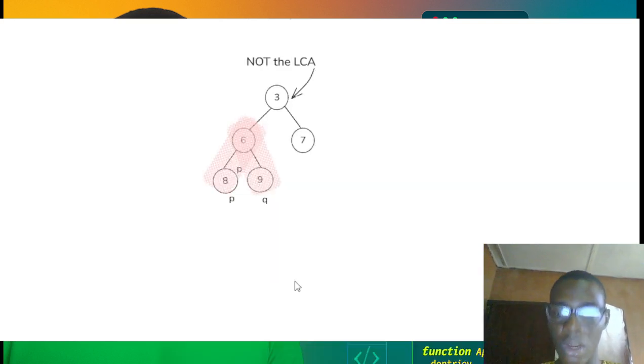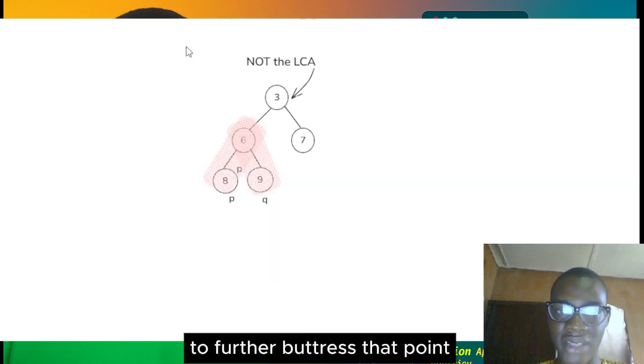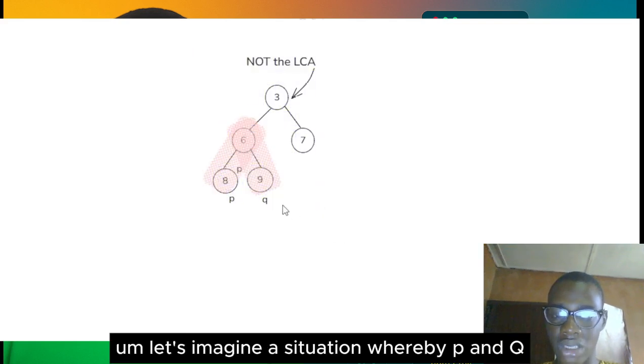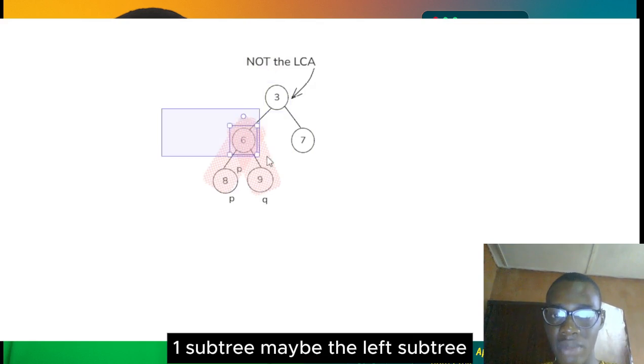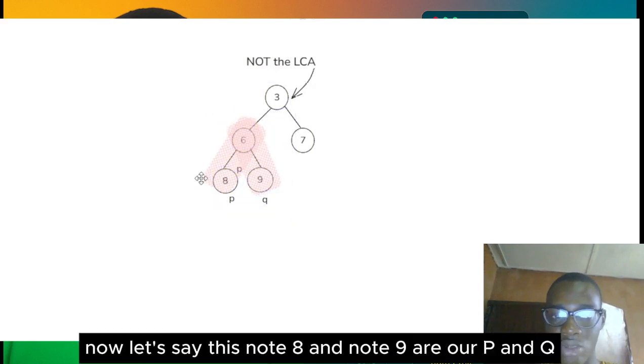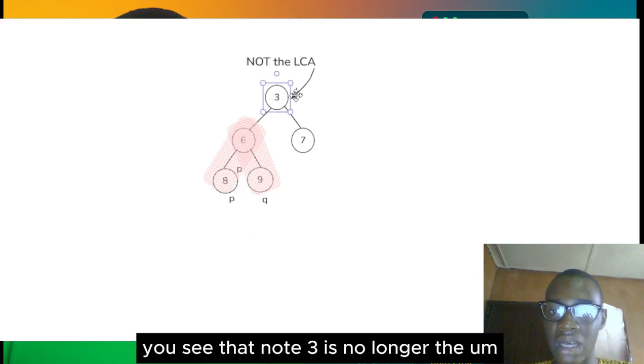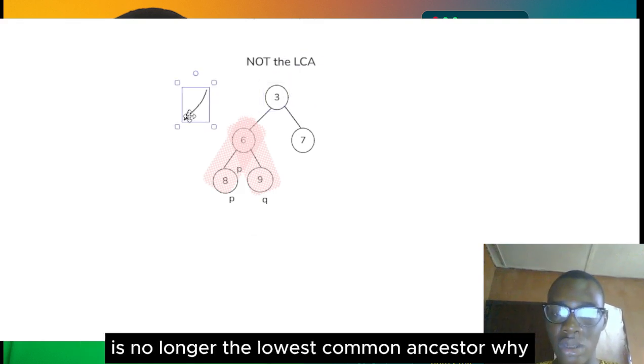Now to further buttress that point, let's imagine a situation where P and Q are in just one subtree, maybe the left subtree. Now let's say this node 8 and node 9 are our P and Q. You will see that node 3 is no longer the lowest common ancestor. Why?